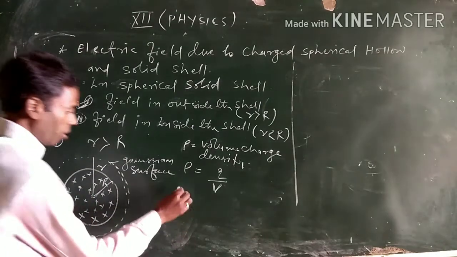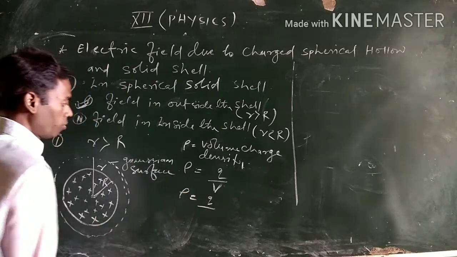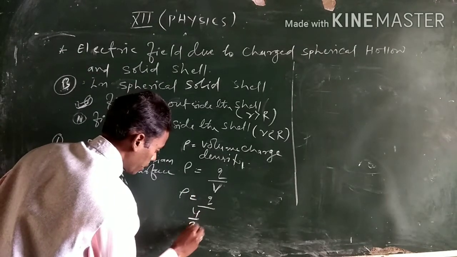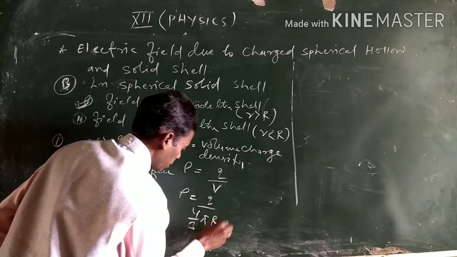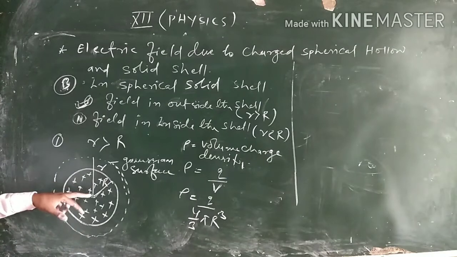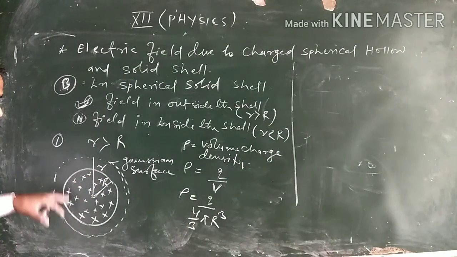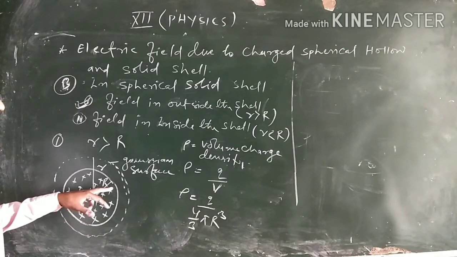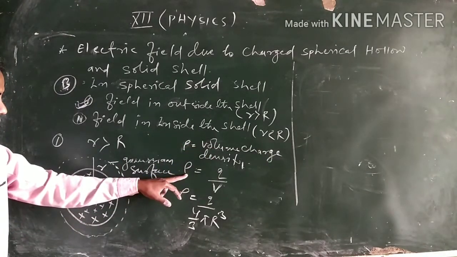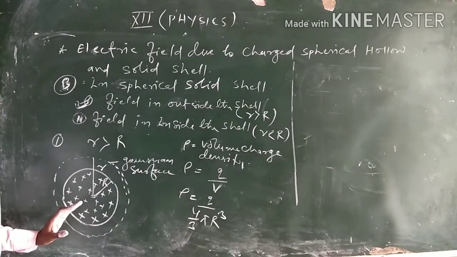Our density is equal to charge divided by the volume of this shell, that is 4 by 3 pi R cube, because the radius of this shell is capital R. Volume charge density is charge per unit volume.